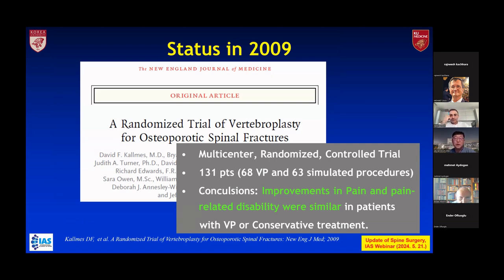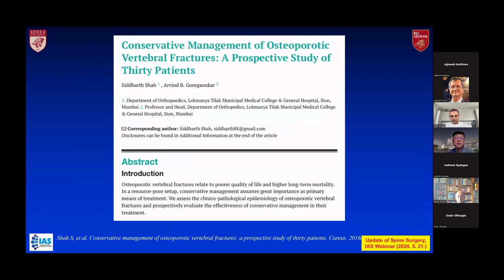Their conclusion was that improvement in pain and pain-related disability were similar in both groups. So it means vertebroplasty can be unnecessary. What about this paper?